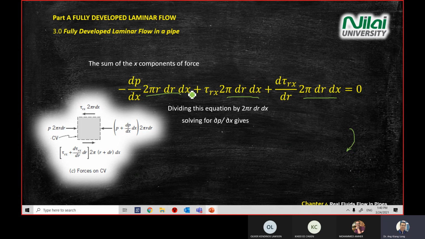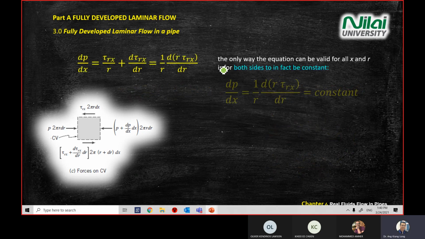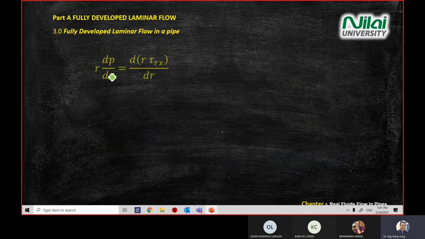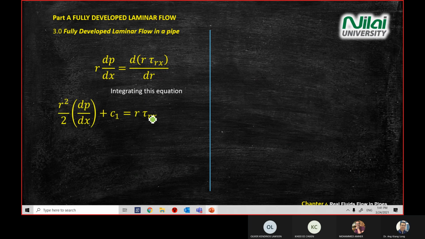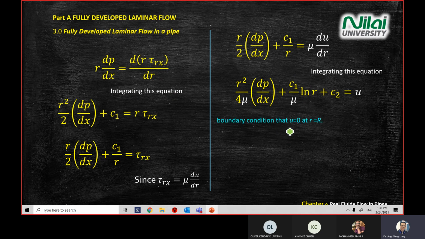In this case, 2 pi r dl dx, you take out, divide, and rearrange, rewriting in a new format with dp/dx. After that, you integrate. After you integrate, you'll get constant values, and you find the constant values by using boundary conditions.